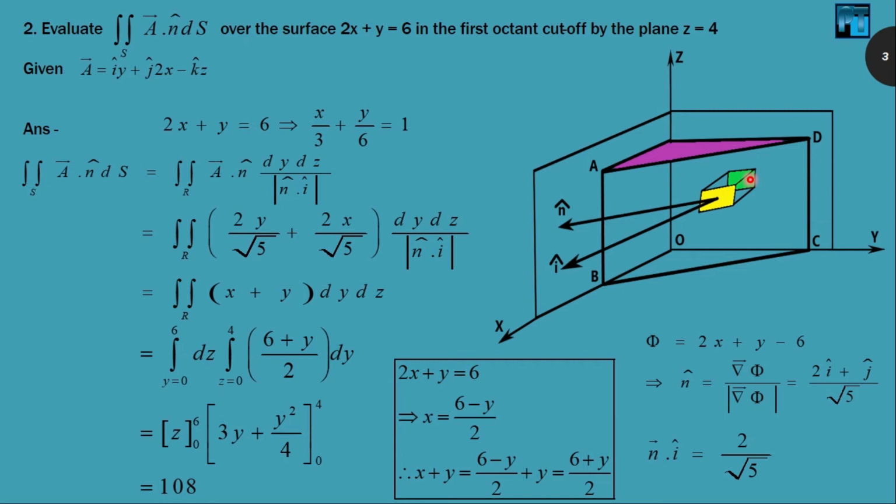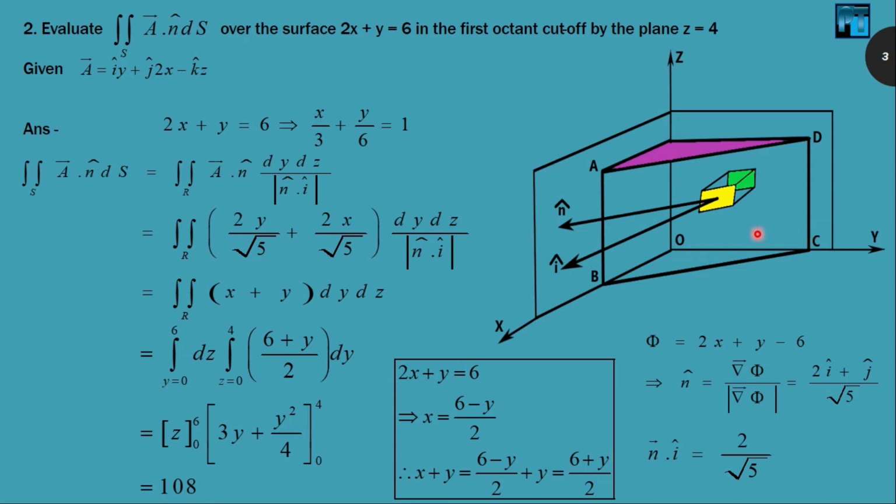Remember, you can have the projection on the xz plane also. In that case, A dot n cap ds becomes A dot n cap dx dz by n cap dot j cap.